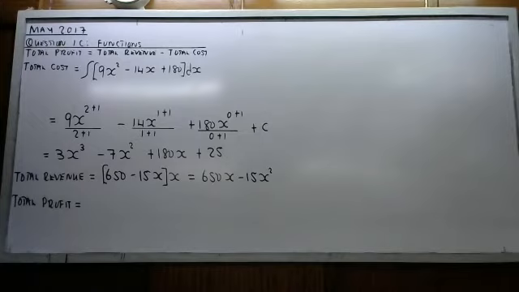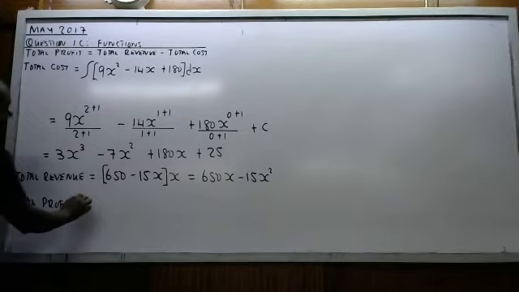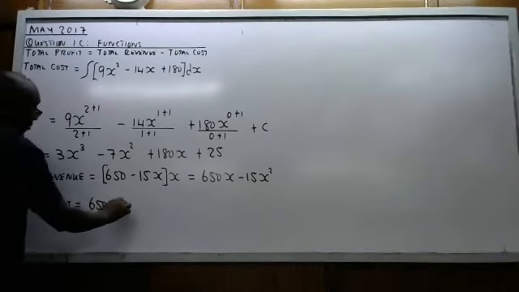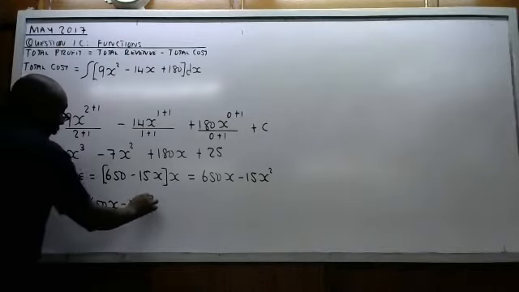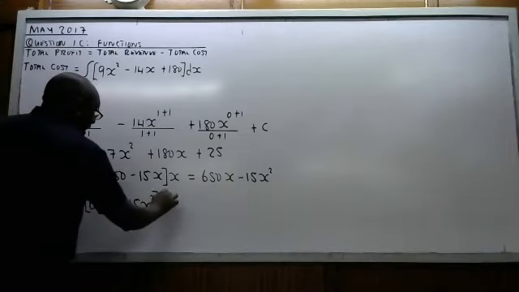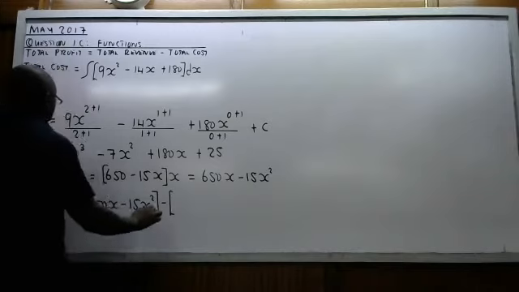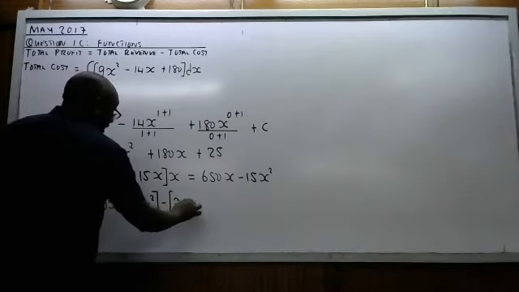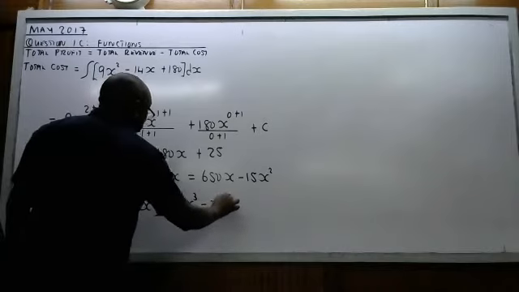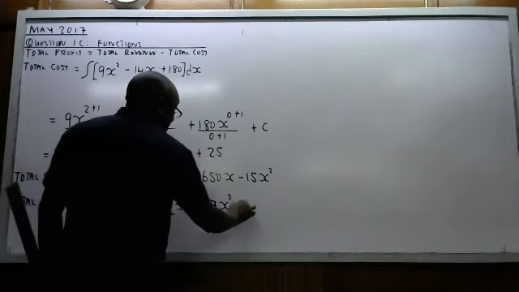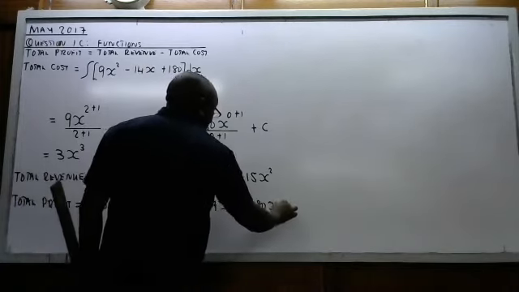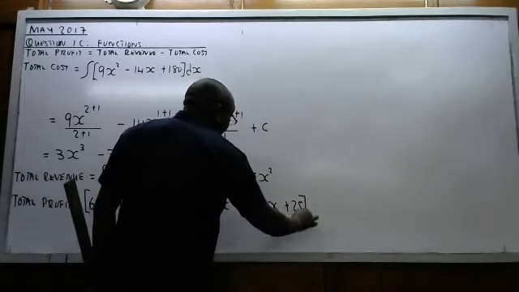And therefore, total profit should be equal to 650x minus 15x squared, you minus the total cost, which is 3x cubed minus 7x squared plus 180x plus 25.